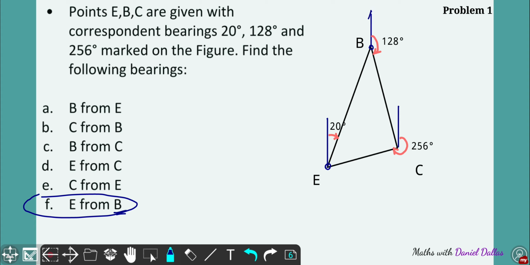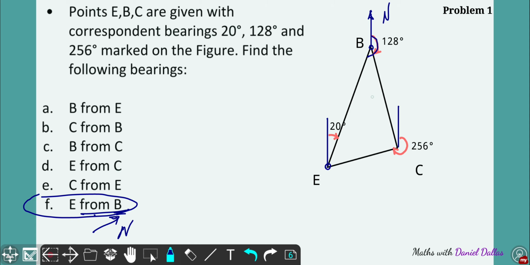And we set up north direction again, the keyword being from the point. So we set up in that point north direction. And we measure the bearing until we reach the BE segment. So that's why we need to make a turn like this, okay? So that's our complete bearing.